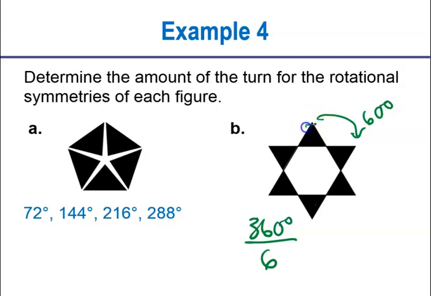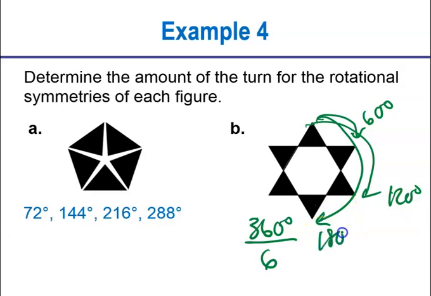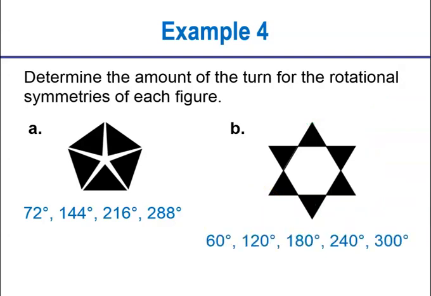And then if I rotate from here to here, that's going to be 120 degrees. And then from here to here, that's 60 plus 120 plus another 60, which is 180 degrees. From top to bottom is 180, we know that anyway. And then 180 plus another 60 will give us 240, plus another 60 would give us 300. So this is likely the list that you came up with.